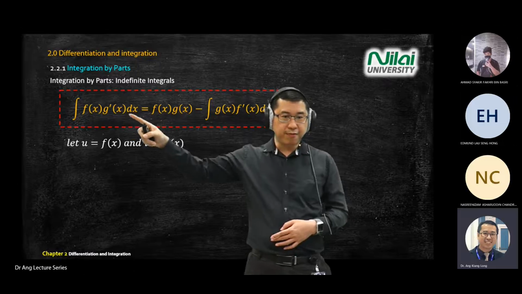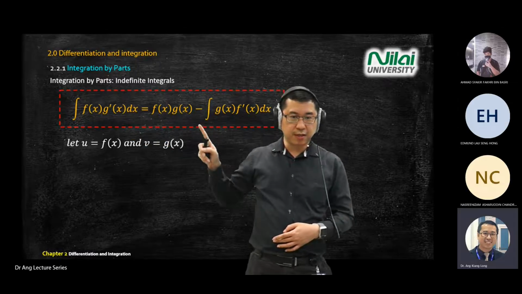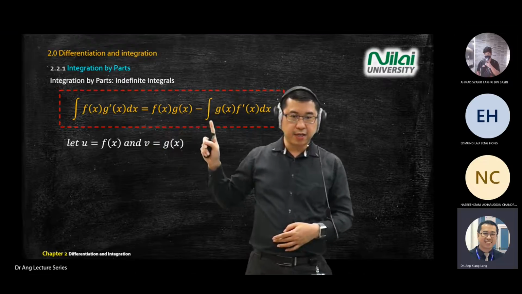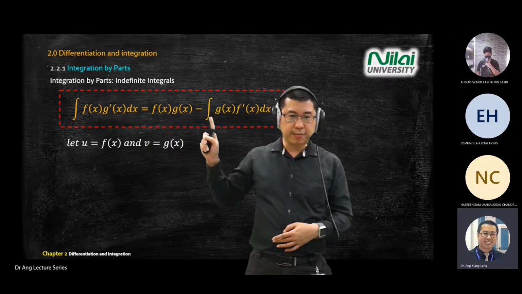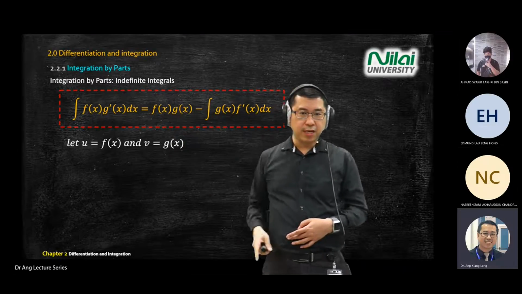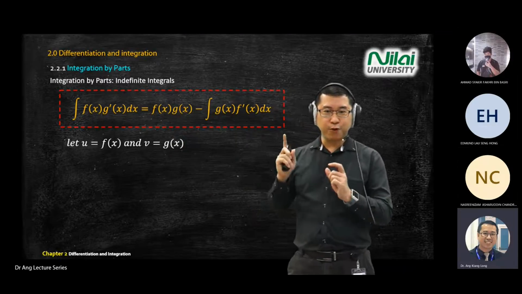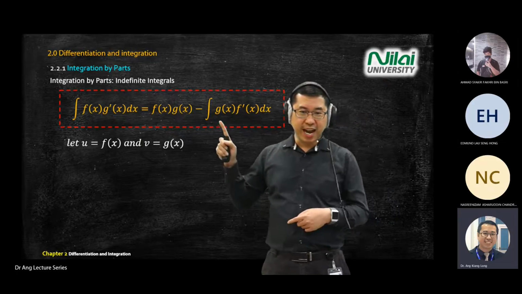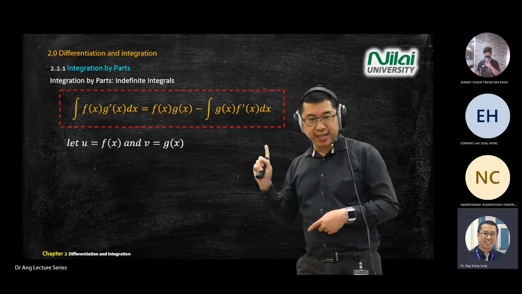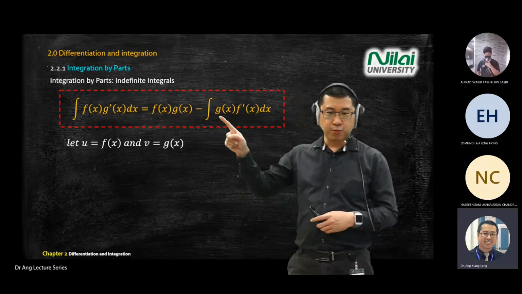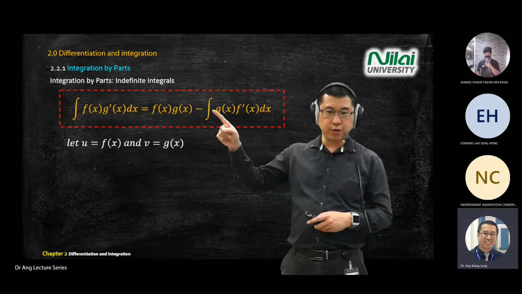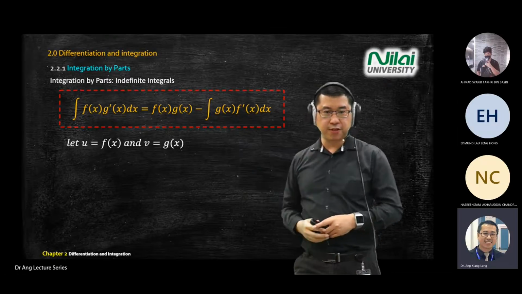The far left curly integration symbol doesn't have a and b here. It falls under indefinite integral. Later, I'll give you one question that has numbers here, then you use another formula. This is without the limit. So we solve the general equation for indefinite integral first.